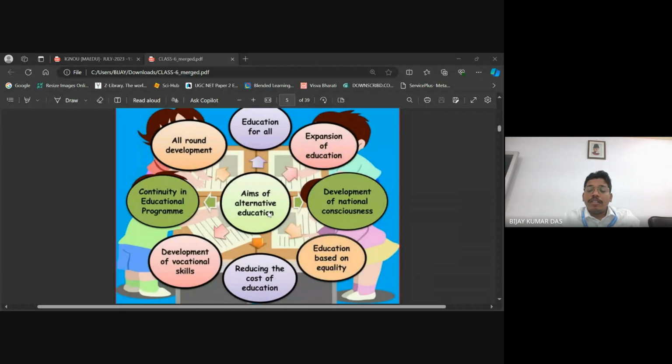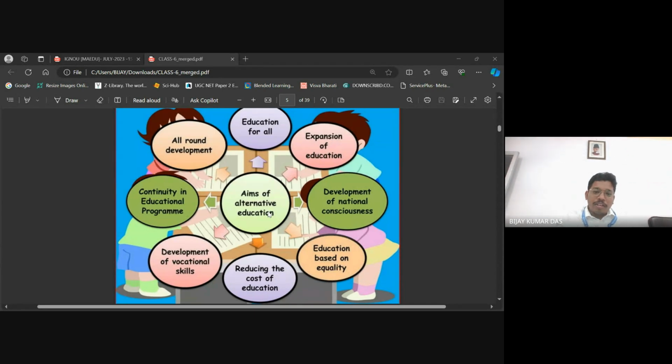So without any discrimination, all are welcome to take admission, to take a course, and can achieve a degree easily. So the sole purpose of this is education for all.